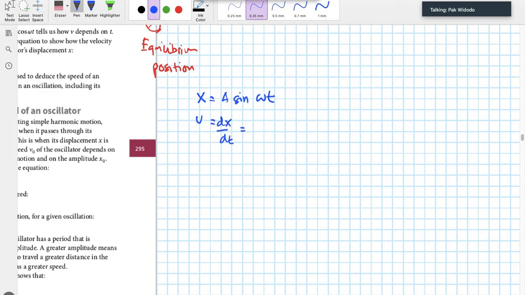So when we differentiate this formula, it becomes a, minus cos omega t, and then differentiating omega t gives omega. So we have v equals minus omega a cos omega t. This is the formula of velocity.